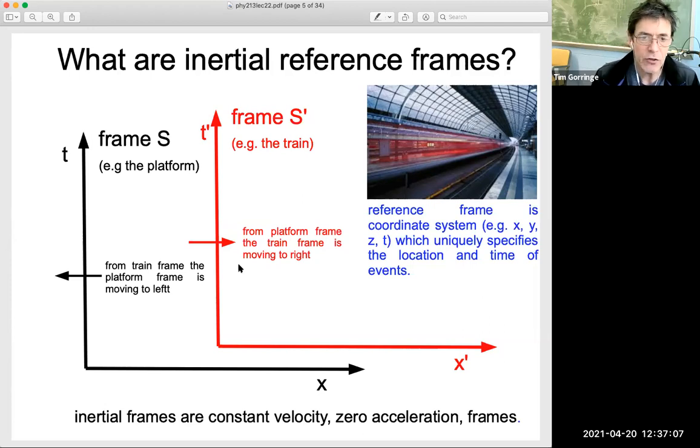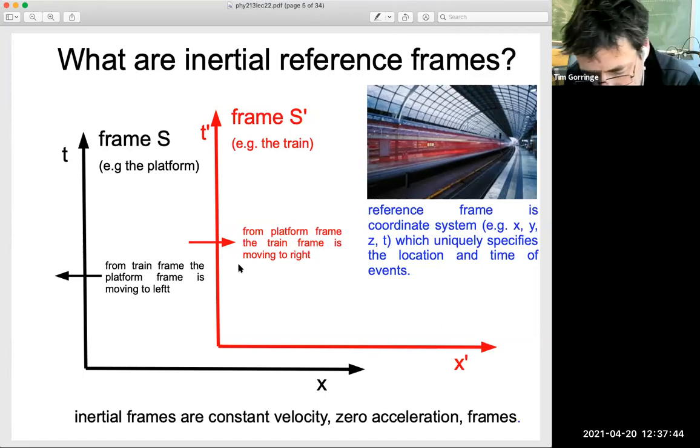And if you specify the x and y and z space coordinate of something and its time coordinate, so if you specify x, y, z, and t, you have located that something exactly, precisely in space-time. And so that's what we mean by a reference frame, a scheme for locating this or that occurrence, this or that event in space-time.